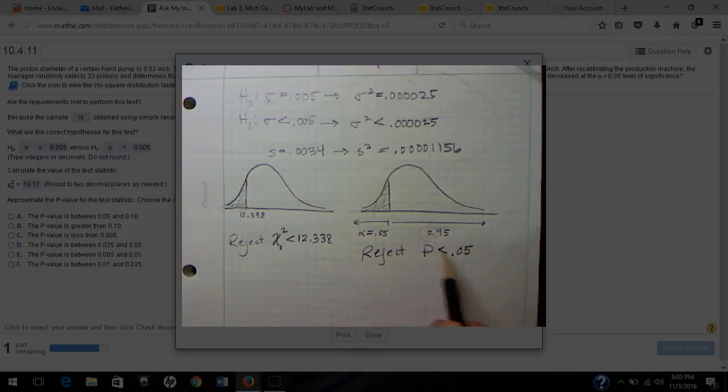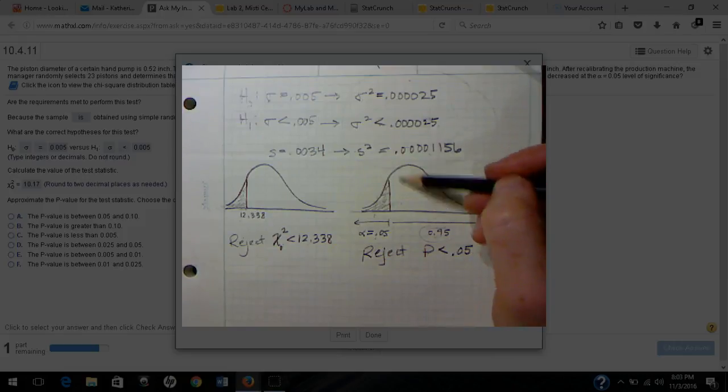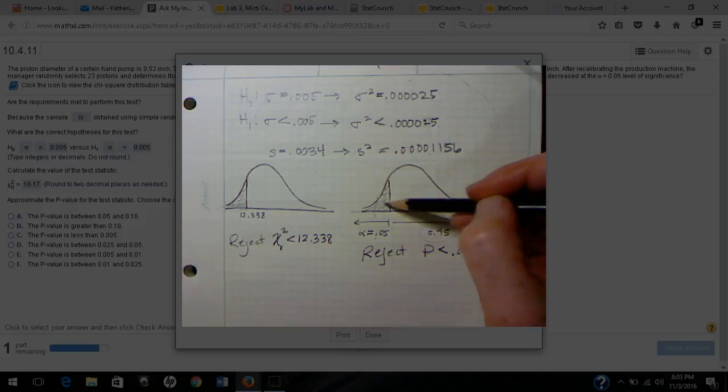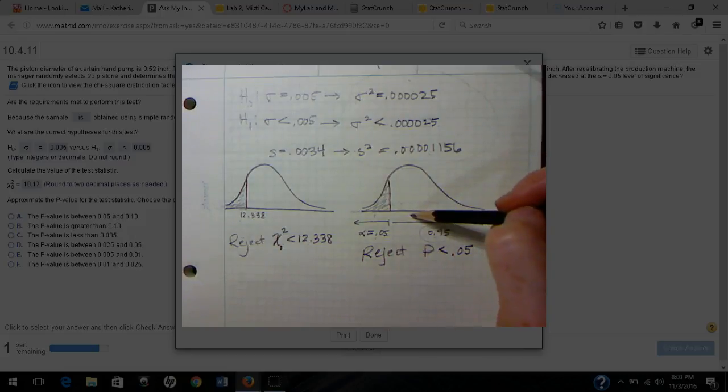So a p-value that is less than alpha means a test statistic that is further into the tail, in other words, into the rejection region. If we have a p-value that's larger than alpha, that would imply a larger tail area. In other words, the p-value has to be over here to the right, which is outside of the rejection region. It's in the status quo region here.